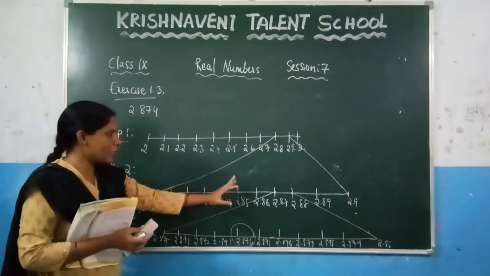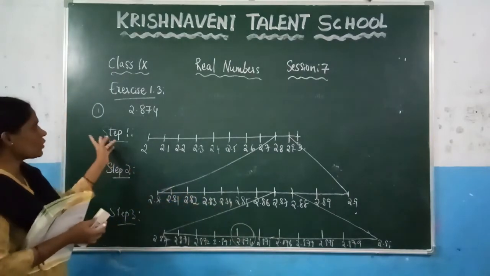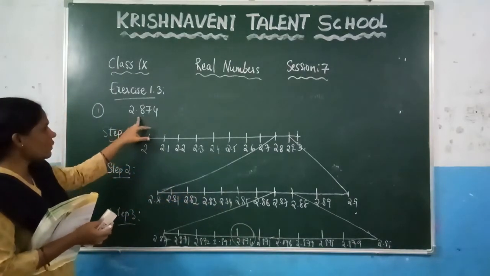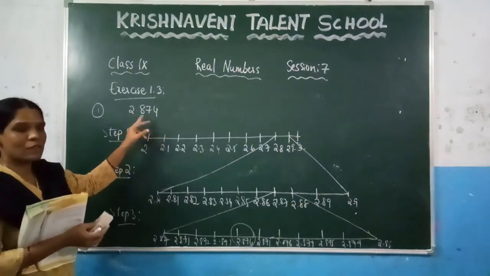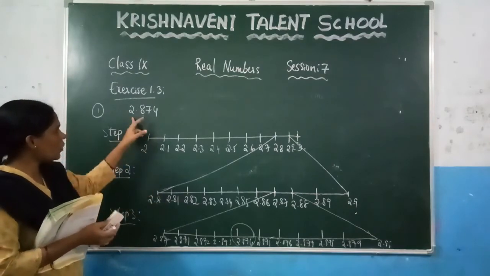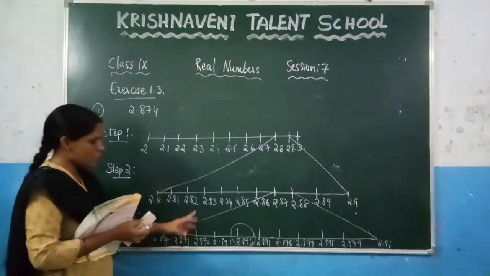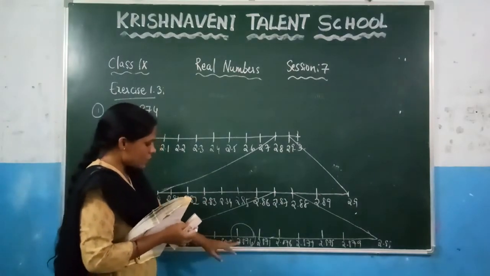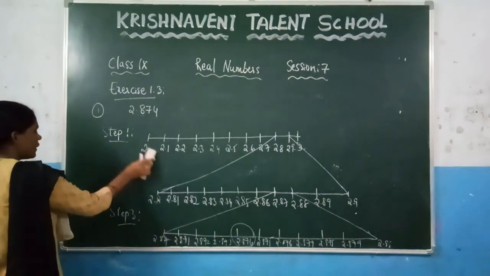Again at 2.8 and 2.9 you have to draw the number line. Next you need to check one more digit, which is nothing but 2.87, and you know that 2.87 lies between 2.86 and 2.88. And after doing all this process, we have represented this terminating decimal on a number line. Now see the next question.